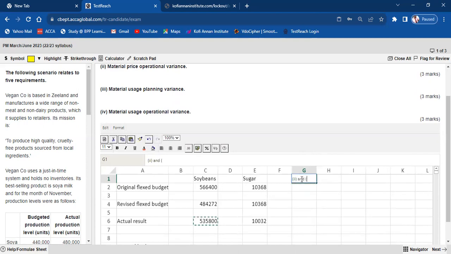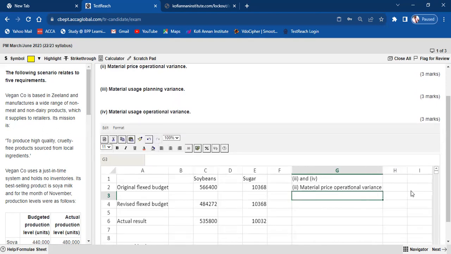II and IV. So what price we should pay versus what price we did pay.